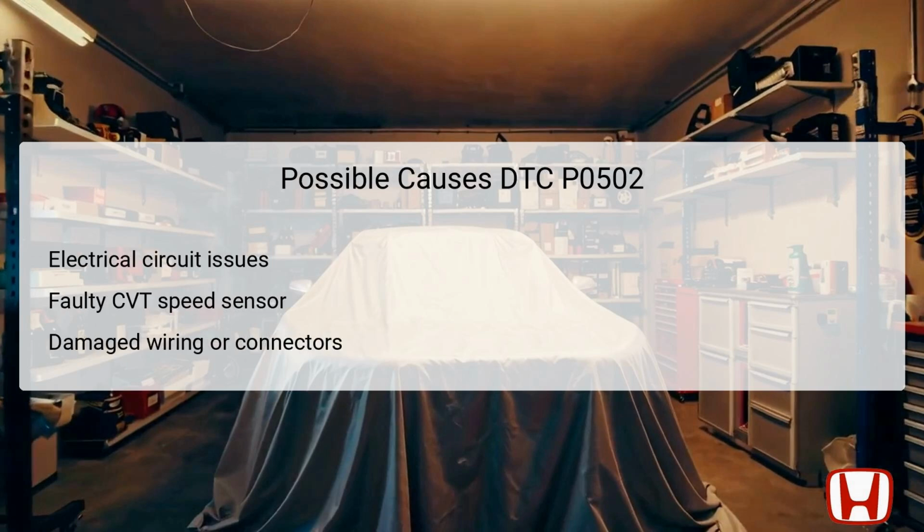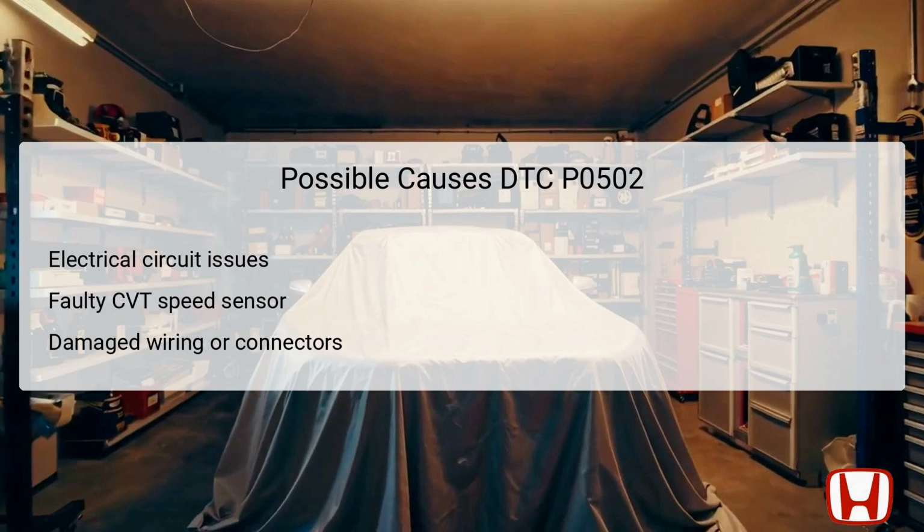Several factors could lead to the occurrence of DTC P0502. First, electrical circuit issues are commonly at fault, which might stem from bad connections or faulty wiring. Next, the defective CVT speed sensor can also trigger this DTC.